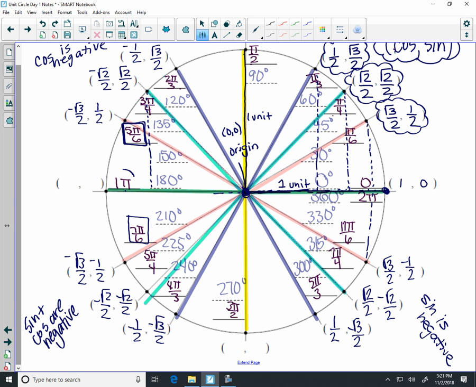At pi out here, same as 180 degrees, we're going in the negative direction for the x, so it's -1, but we're going up 0. And at 3 pi over 2, or 270, we're going down 1. So your y is -1, and your x is 0.